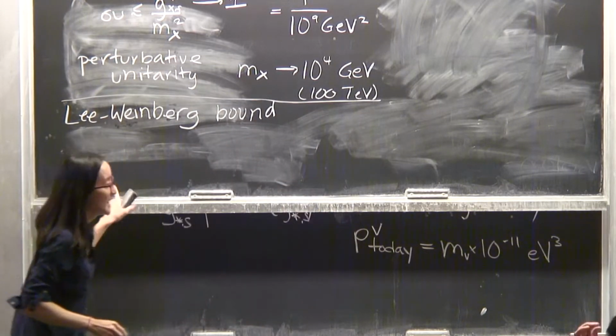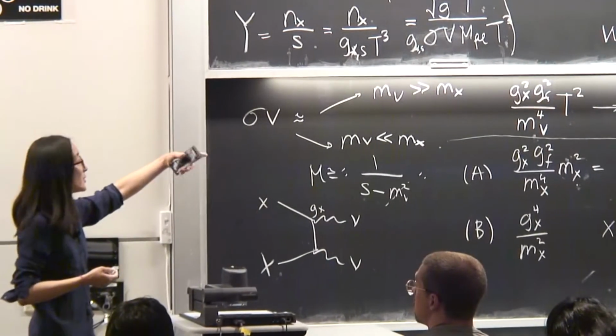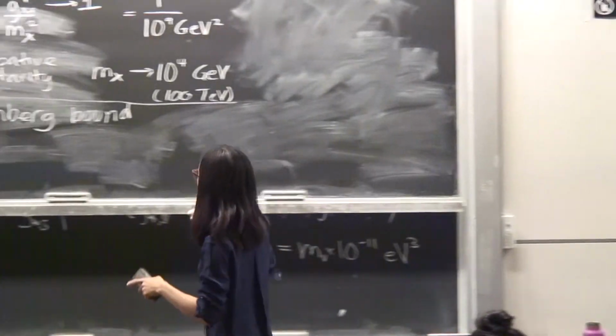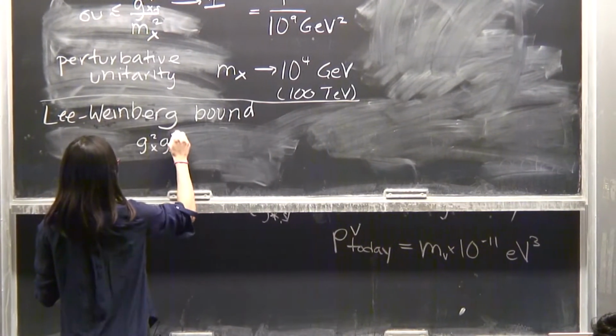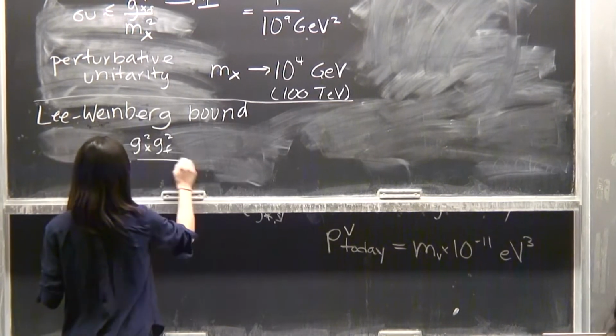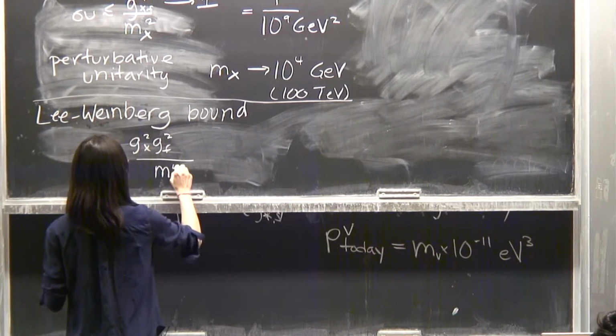Which is, if we take this first scenario where the vector or the mediator is heavier than the dark matter, and let's just say that the mediator is a standard model mediator, so it has to be of order weak scale, or we'll just consider a weak scale mediator, put m_Z to the fourth.